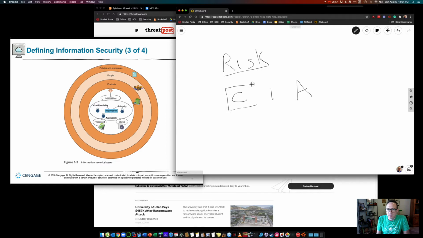Only those who need to see it can. Integrity: is the information we have correct? Has it been altered in any way? Can we audit that? Can we ensure that when you download an app from the App Store, the integrity of the app has not been compromised? Availability: if I need data or access, can I get that?